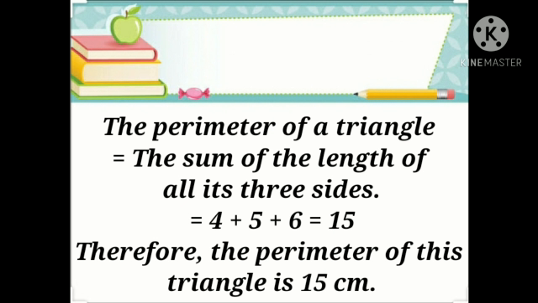The perimeter of a triangle is equal to the sum of the lengths of all its 3 sides, that is equal to 4 plus 5 plus 6. The answer is 15. Therefore, the perimeter of this triangle is 15 centimeters.